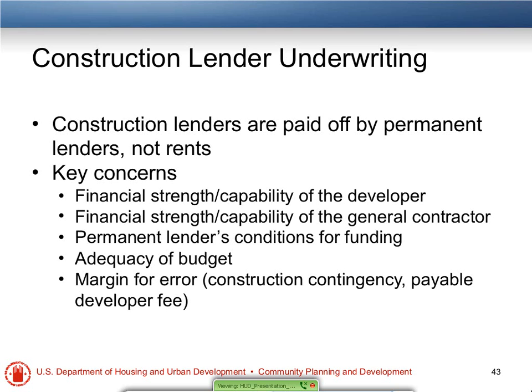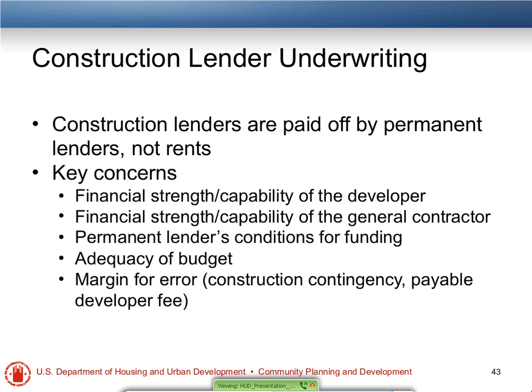In addition to the construction contingency, the construction lender is going to be looking for the potential for a payable development fee. In most of our tax credit deals, there is a development fee in the budget, and as long as that is payable at completion, in other words, it's not deferred, then it basically serves as additional contingency for the project.